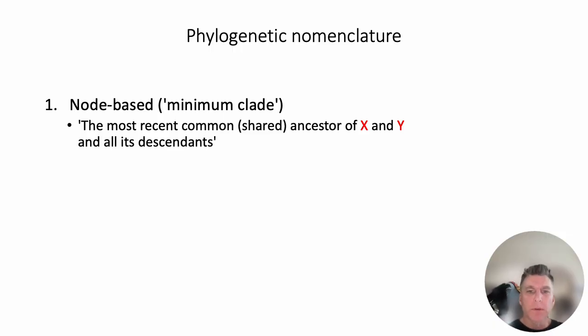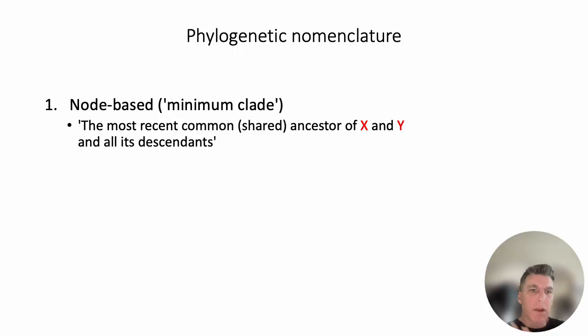We're going to talk about 2 flavors of these names. There's actually multiple other kinds, but these 2 are the most used, and we'll only worry about them for the purposes of this course. One of them is called a node-based name, because it refers to the point right when one of those dichotomous splits in a tree occurs.